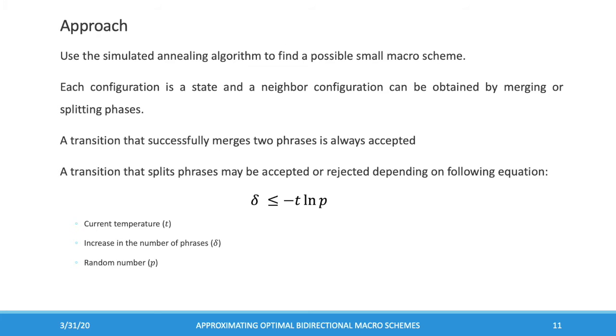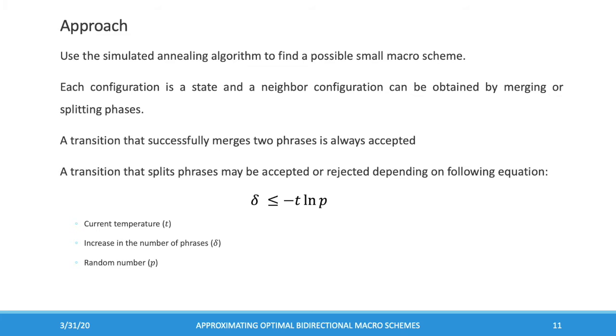A configuration that merges two phrases into a valid macro scheme is always accepted. A configuration that needs a split may be accepted or rejected depending on the current temperature, the increase in the number of phrases, and a random number chosen uniformly from 0 to 1.